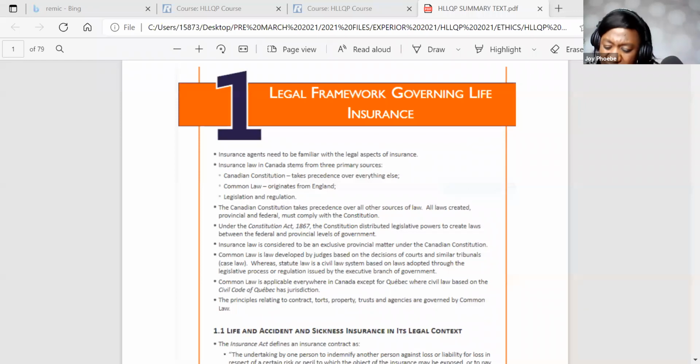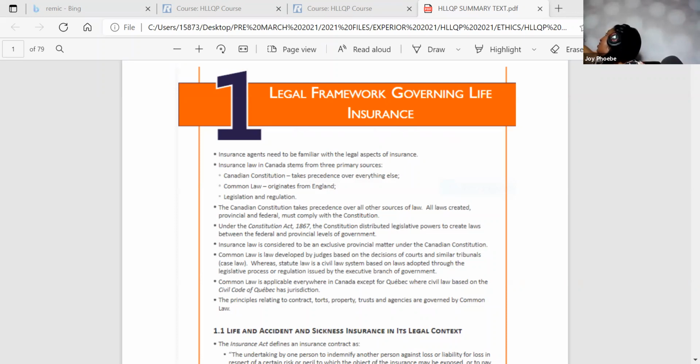Rather, in practice, the completion of an insurance application by an individual is generally considered an offer where the individual becomes the offeror. So when we complete an insurance application, right? You know what?